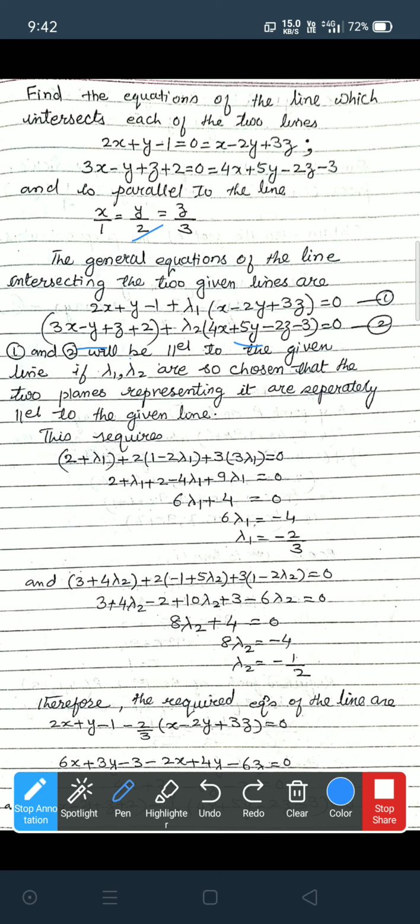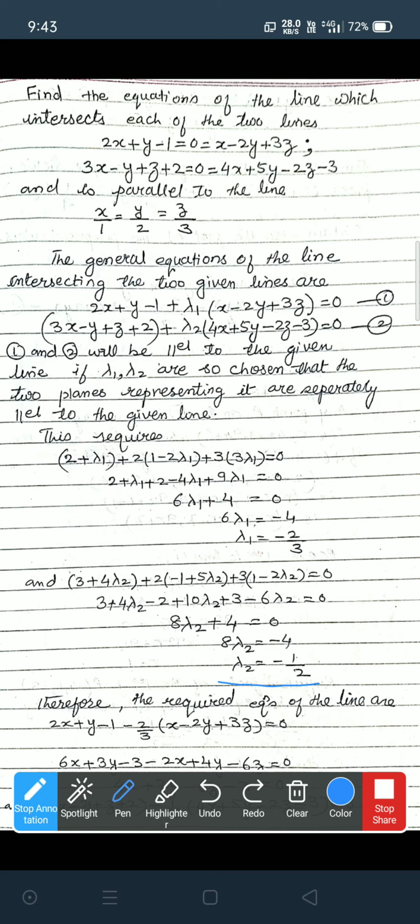If y is common, we get minus 1 plus 5 lambda 2, plus 3 into the coefficient of z in this equation, 1 minus 2 lambda 2. If we solve this, we get lambda 2 equals minus 1 by 2.